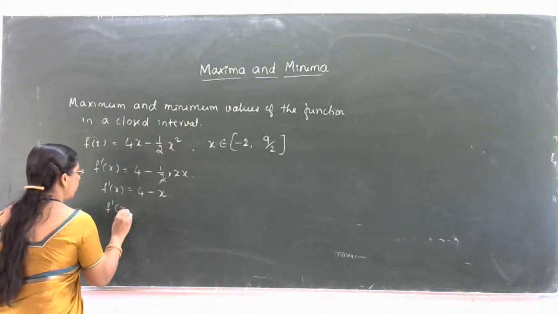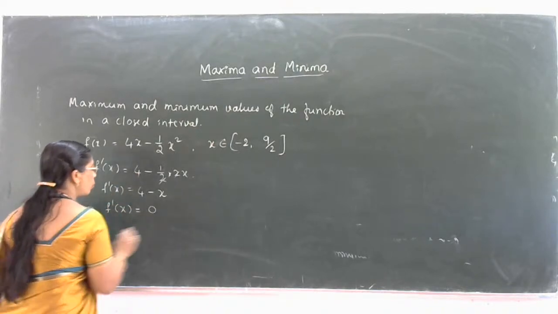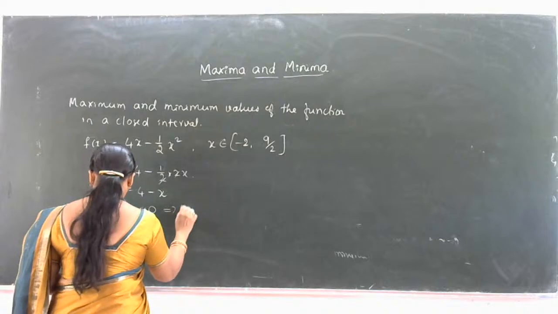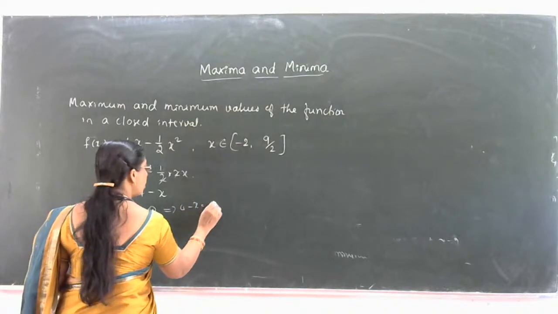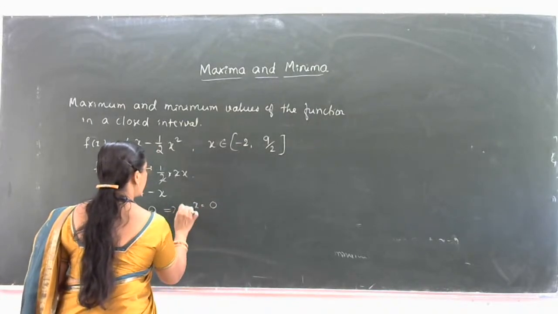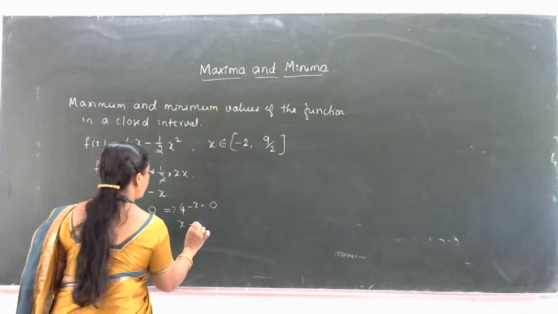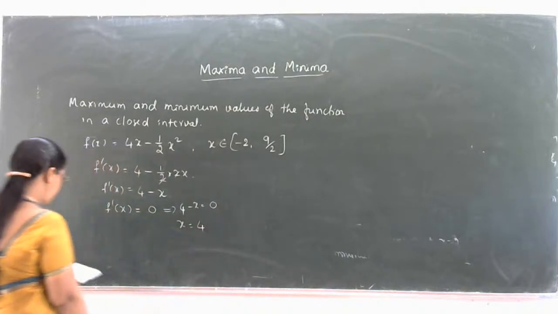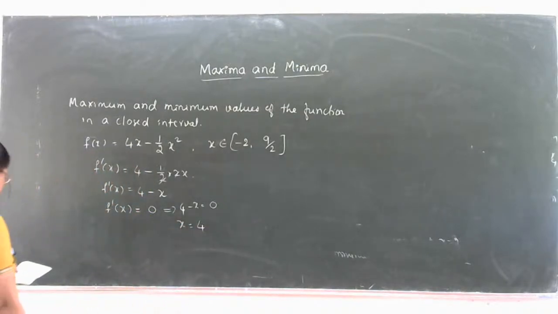We equate f dash x equal to 0, that implies 4 minus x equal to 0, then x equal to 4.